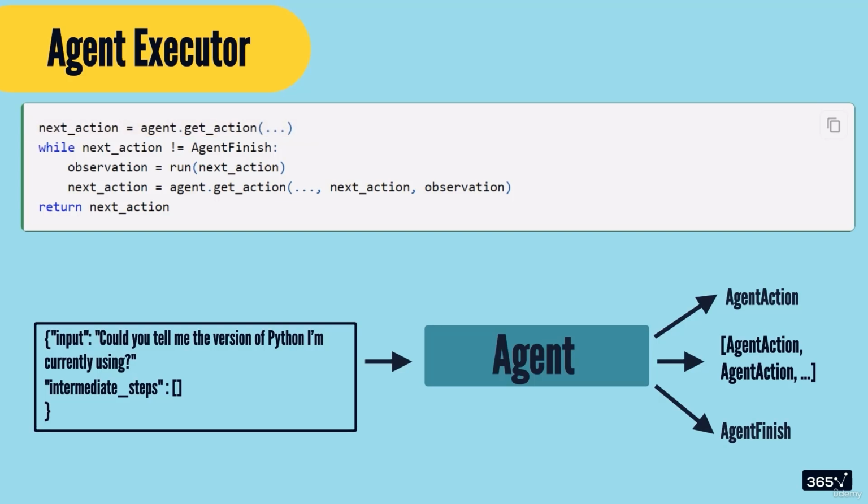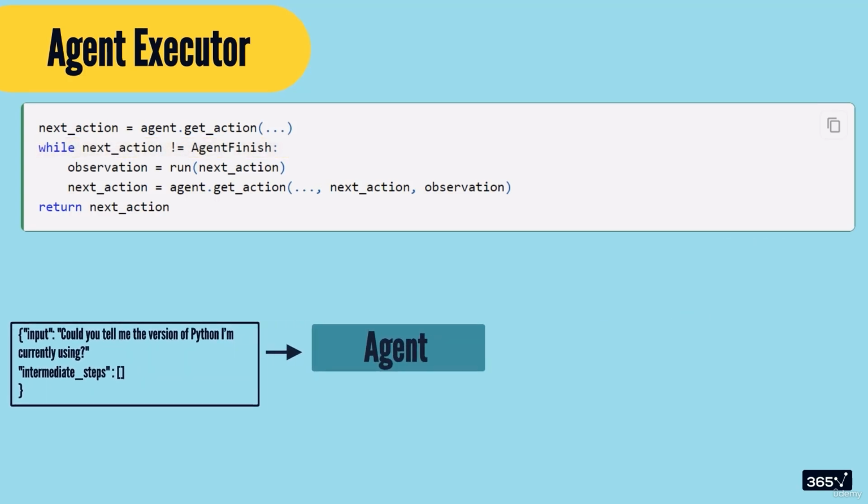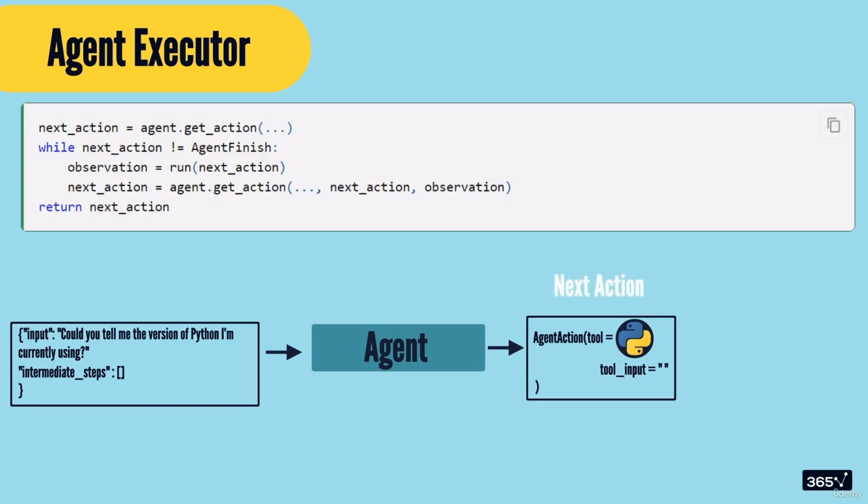In the pseudocode, the output is stored in a variable called next action. The following part of the agent executor checks if the action suggested by the LLM is to return a final response to the user. If not, then the following steps are executed.